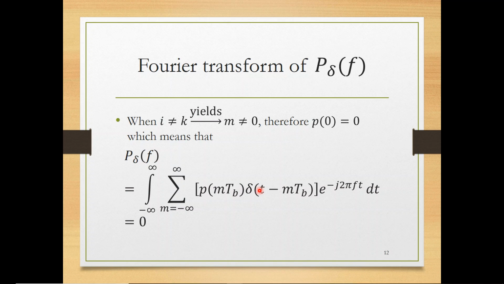When i is not equal to k, this means that m is not equal to 0. In this case, p(mT_b) is exactly equal to 0. What does this mean? This means that when I am not at the point where I want to decode my desired signal, I get 0 contributions from all the other adjacent symbols or adjacent pulses.